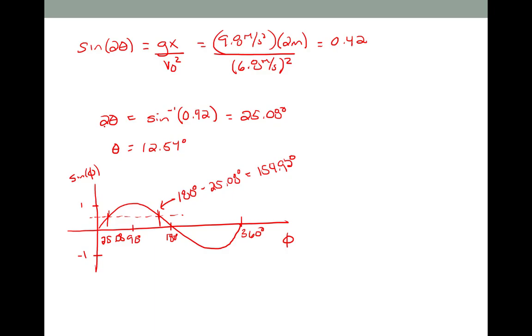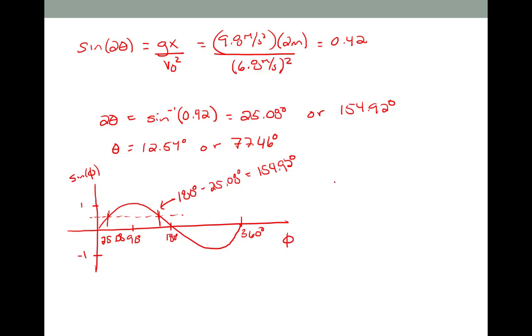So I could have 2 theta equals 25.08 degrees, or I could have it equaling 154.92 degrees, which means theta equals 12.54 degrees, or it equals 77.46 degrees, right? And notice, just as the 2 theta angles were symmetric about 90, your theta angles are now symmetric about 45 degrees.